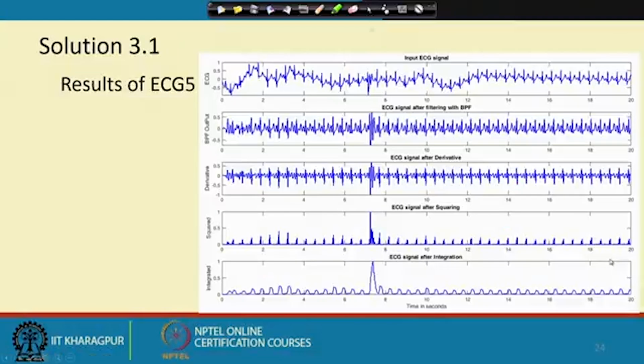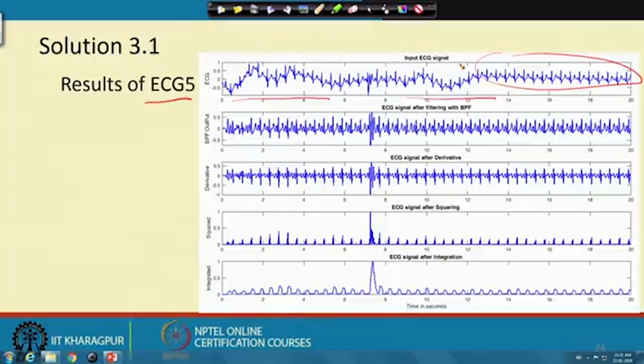Next we go for the ECG 5 signal. In ECG 5, we are seeing baseline wandering for the first time. Here are places where the baseline wandering is very prominent; in this portion it is not there so much.